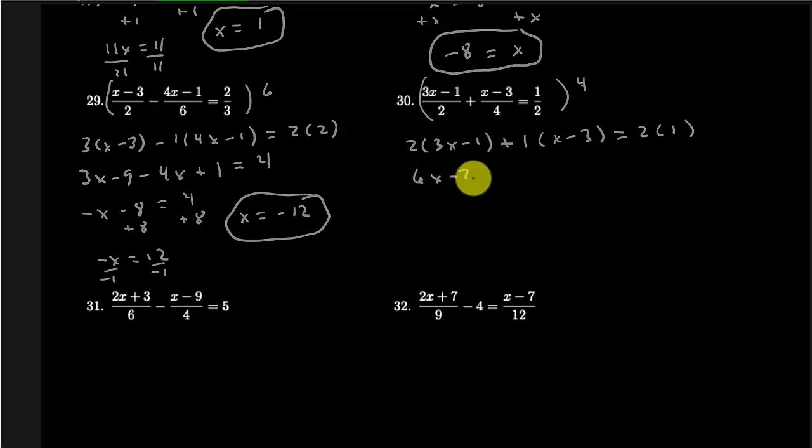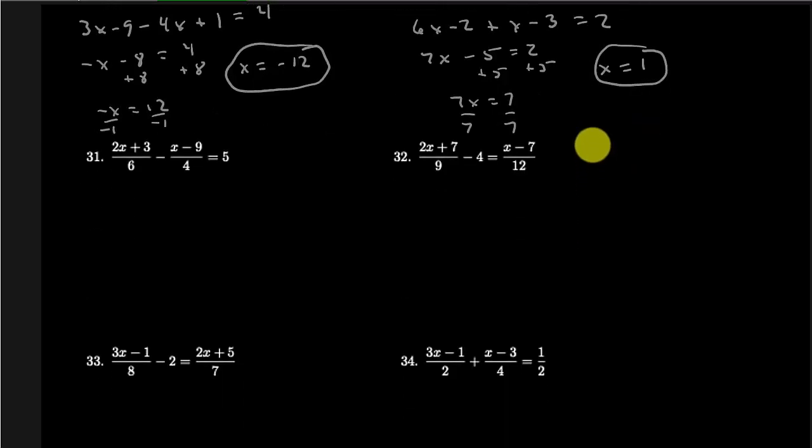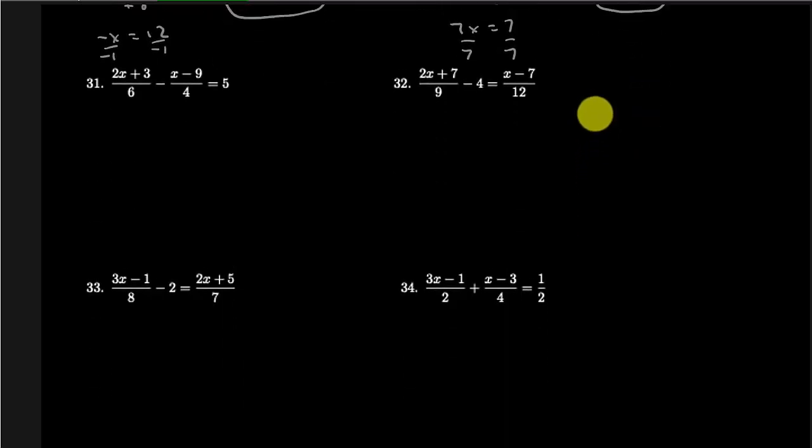That's 6x minus 2 plus x minus 3 equals 2. Combine like terms, that's going to be 7x minus 5 equals 2. Add 5 to both sides, we get 7x equals 7. Divide everything by 7, x is equal to 1. All right, we're getting there.